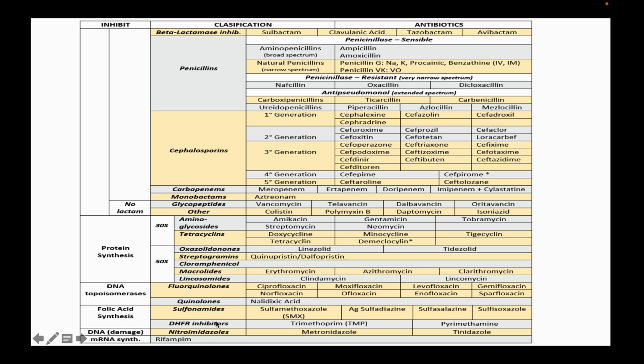So we have these inhibitors. This is also very important. There are a few questions in GATE on DHFR inhibitors. Then we have inhibitors which carry out DNA damage. Okay. And then finally we have mRNA synthesis inhibitors.